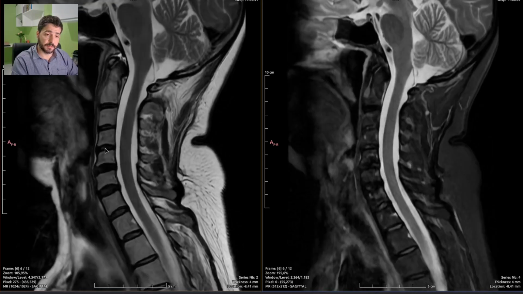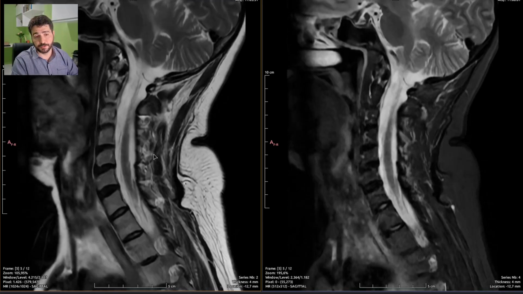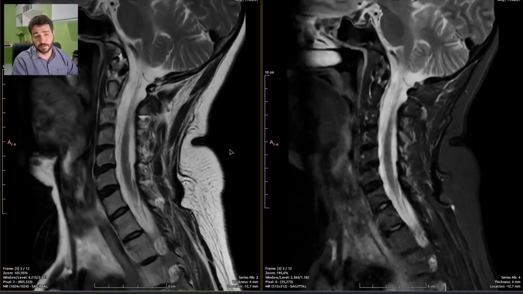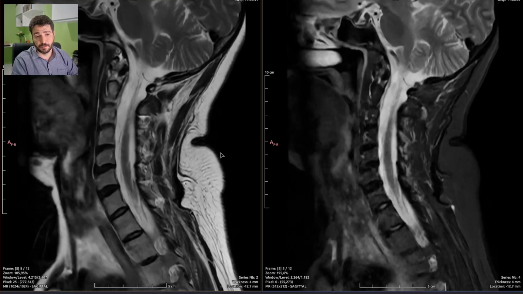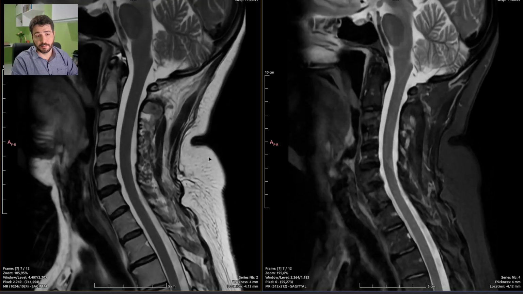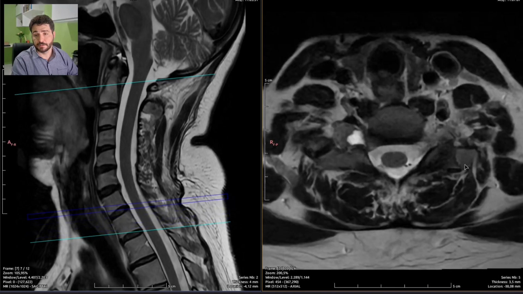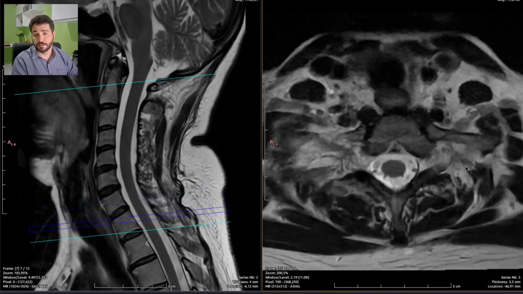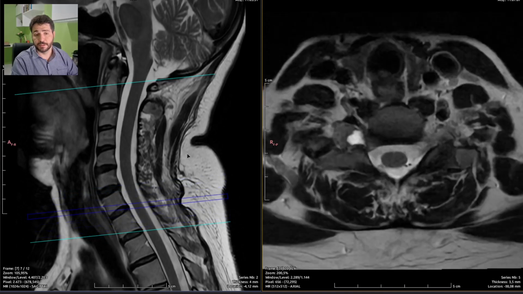And we have the discs, the bodies of the vertebra and the posterior elements of the vertebra, and also the muscles of the spine. So this is all here. And also we have an axial view, that should be something we have to pay attention to.